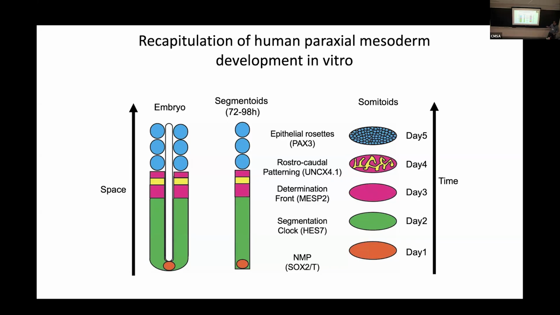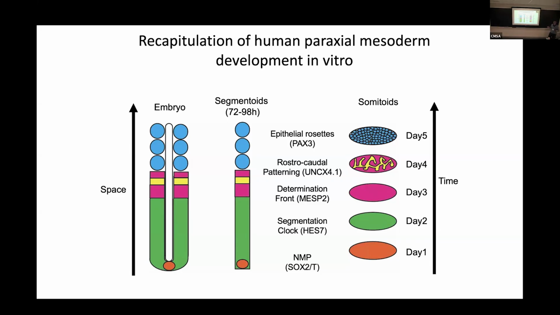The only point I want to make is that I showed you these two systems, somitoids and segmentoids. What's nice is that they really illustrate how you can uncouple these different developmental modules. Here, for instance, you completely uncouple the process of somite formation and paraxial mesoderm differentiation from axial elongation. In some ways, it's a bit like a fly embryo.